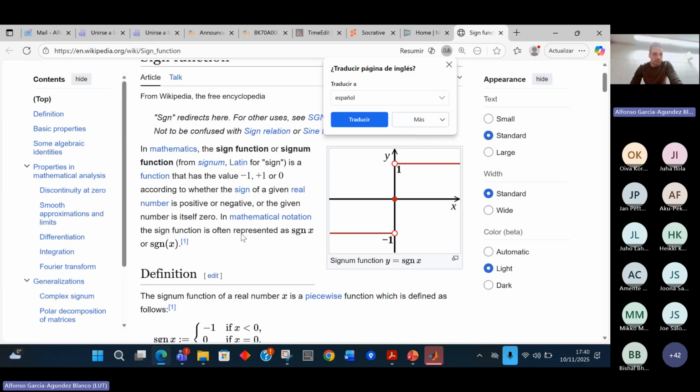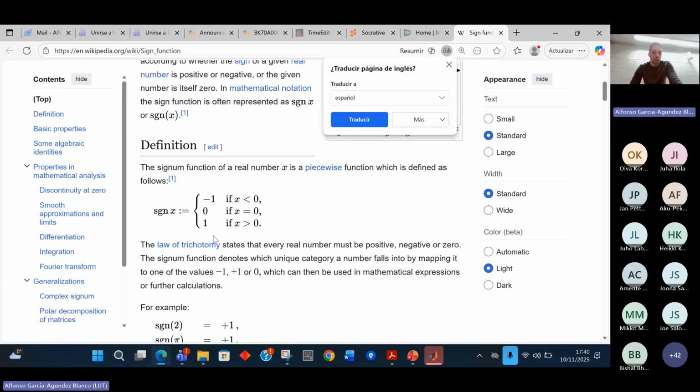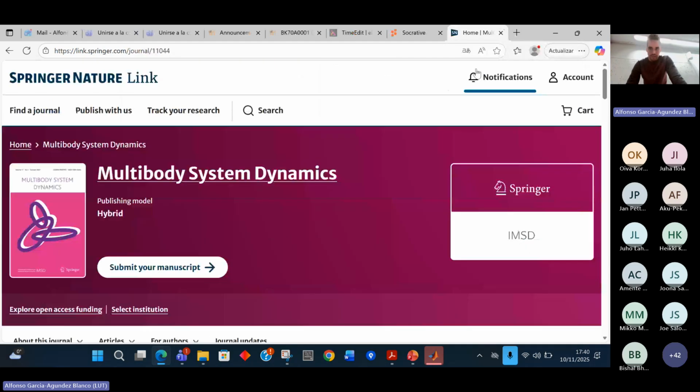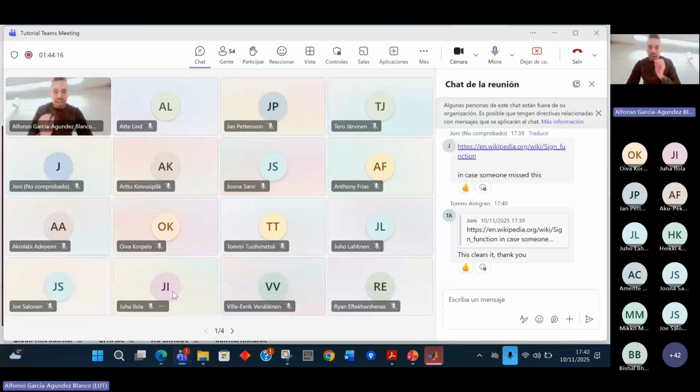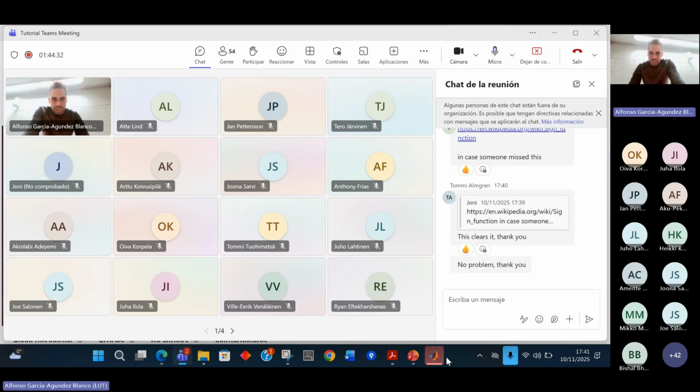Basically, you can see that the sign function is either -1 or 1. This is just like what I was mentioning. Thank you for the clarification. I didn't see the question. If this happens again, please interrupt me by voice. Sorry for not replying, Tommy. Is the sign function clear? I imagine that yes. Okay.